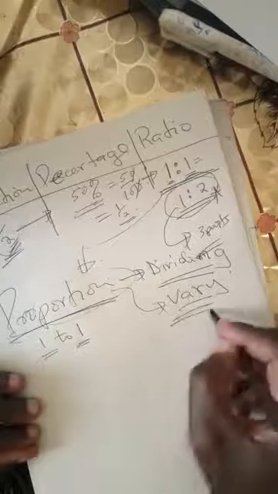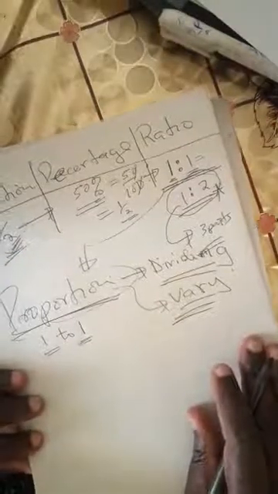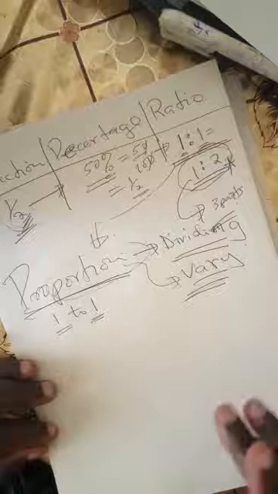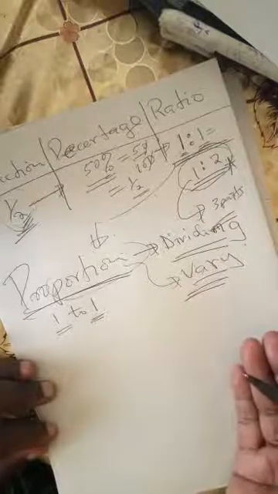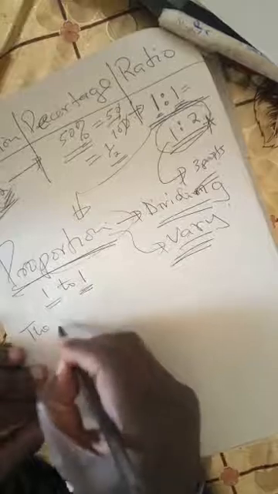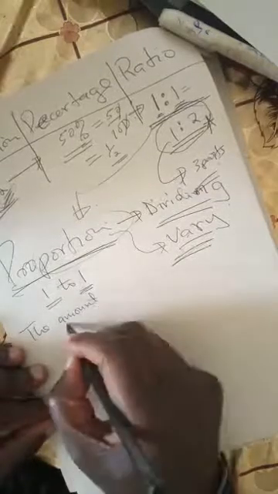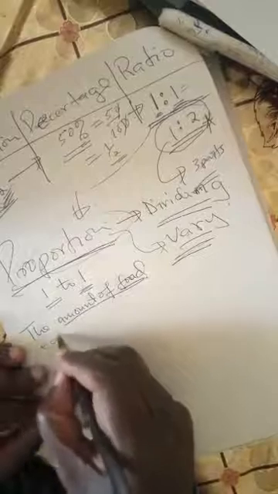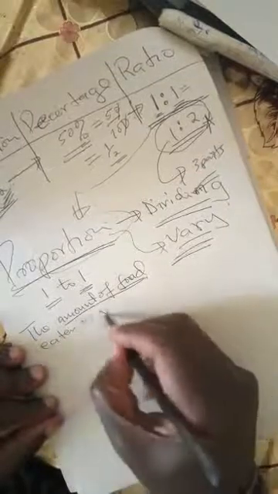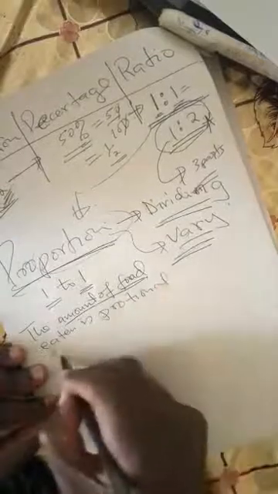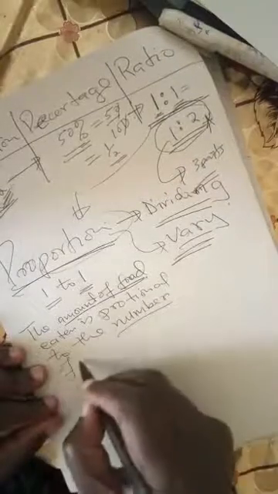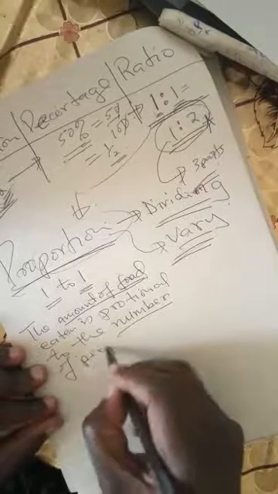For example, I can say that the amount of food eaten is proportional to the number of people present.